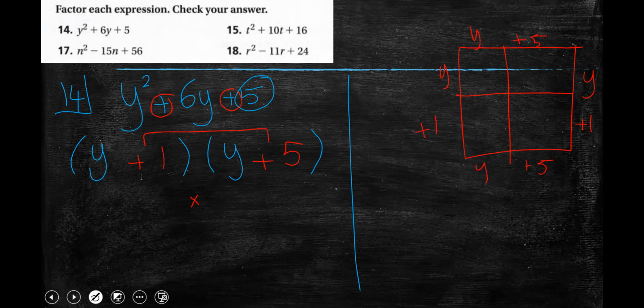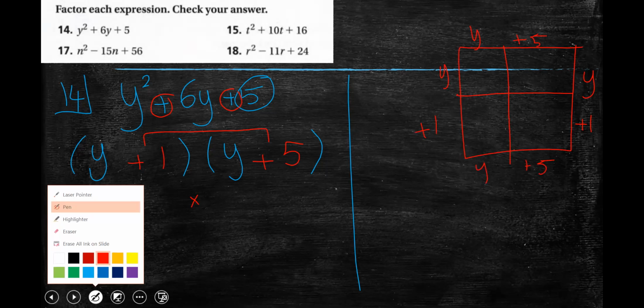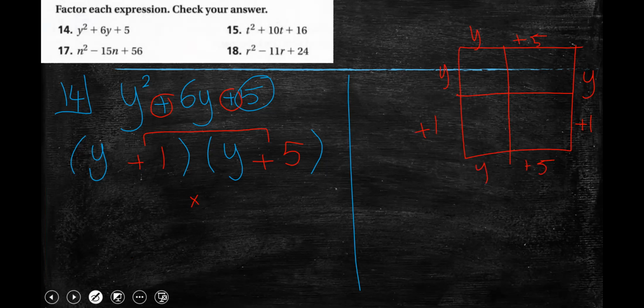Let's now revise how we multiply them. y times y is y squared. y times 5 is 5y. y times 1 is y. 1 times 5 is 5.